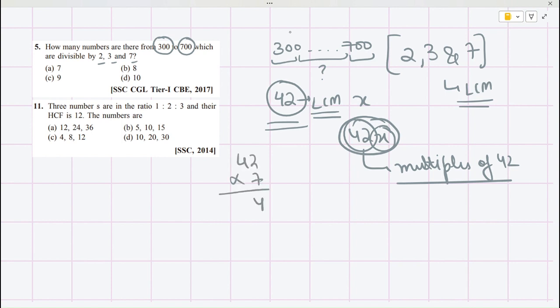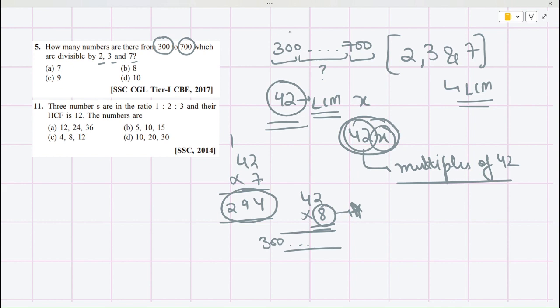So we'll just check now once. It will be 294. So 42 7 times becomes 294, which means 42 multiplied by 8 is a good number here, because after we multiply this by 8, it will start from 300, right? Which means 8 is important here. We need to focus upon 8.